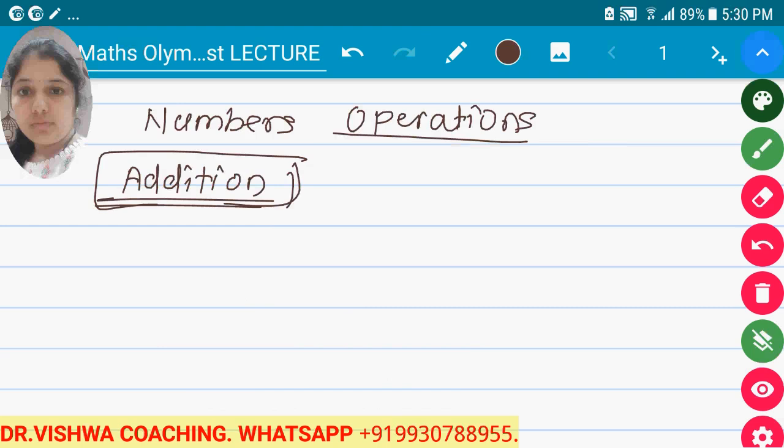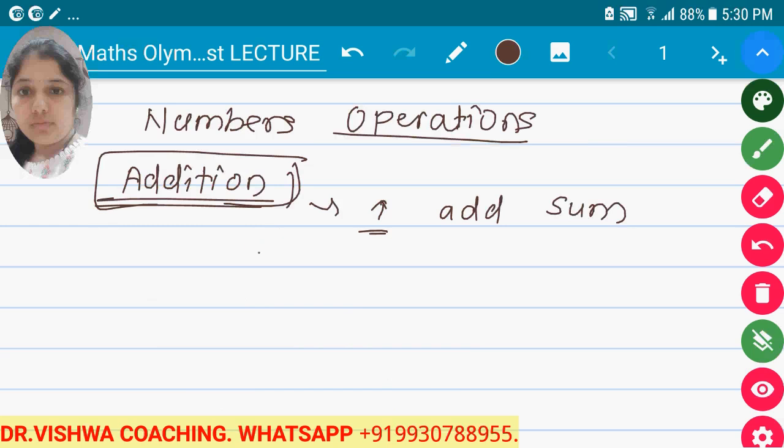Okay, so what is meant by addition? Addition means to increase, to add, or sum is known as addition, where two numbers are added to one another.